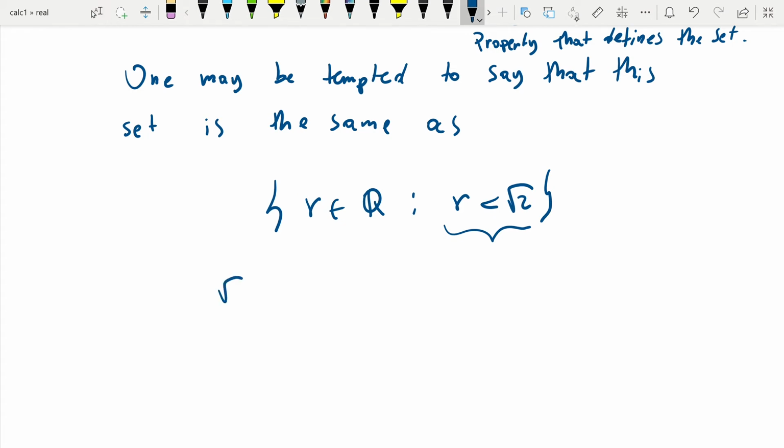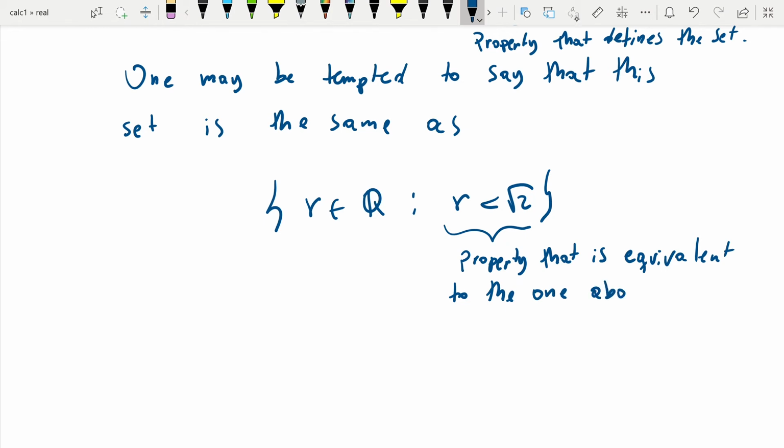So square root 2 is a property that is equivalent to the one above, provided square root 2 exists.